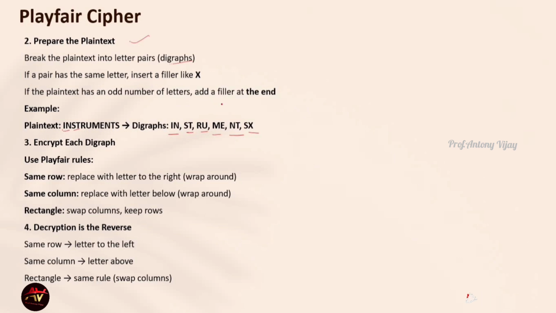And if any pair has the same letter, you have to insert X. For example, if I use SST, here SS are the same letter, so you have to use SX and ST. In this way you have to form the digraph.